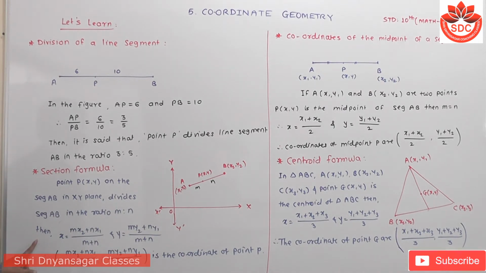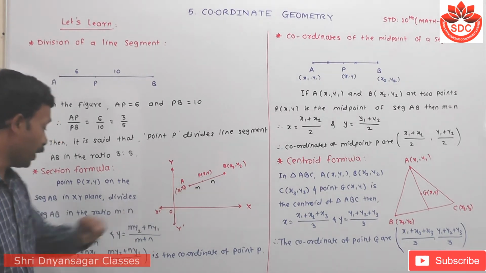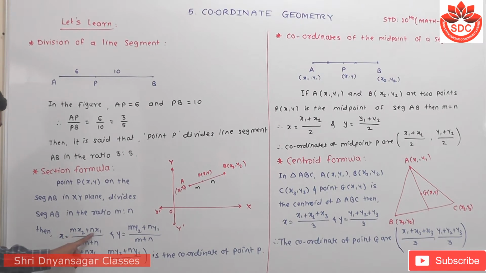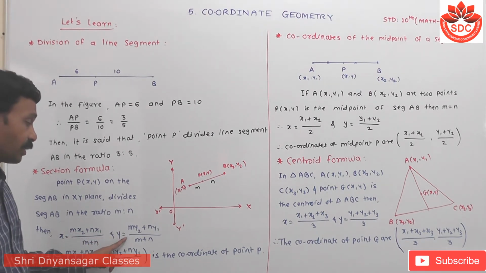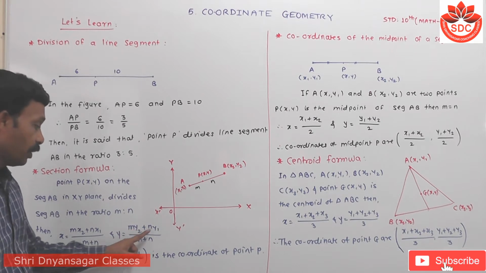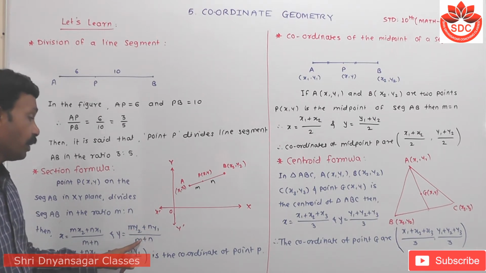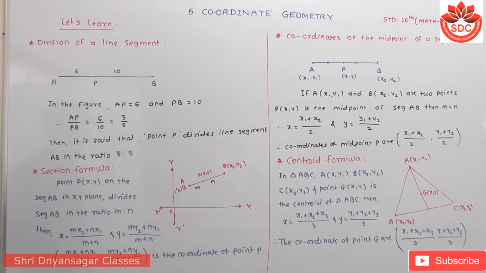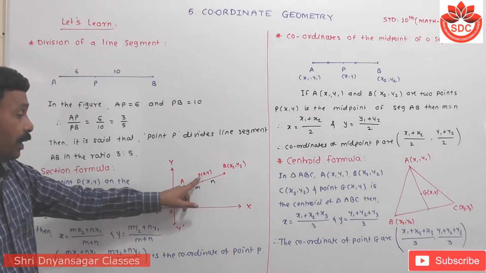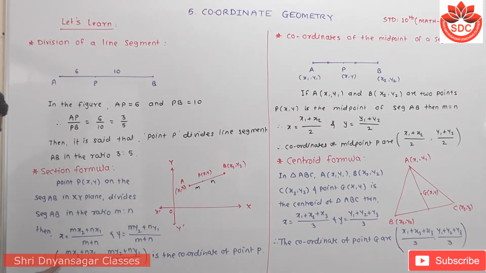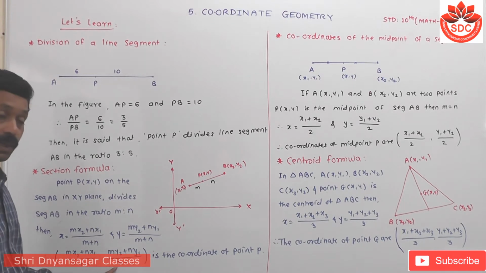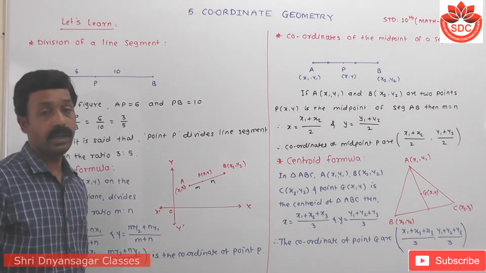Then the x coordinate of the point P is (mx2 + nx1) upon (m + n), and y is equal to (my2 + ny1) upon (m + n). Therefore, the coordinates of point P(x, y) are, I have to write in bracket here, ((mx2 + nx1) upon (m + n), (my2 + ny1) upon (m + n)).